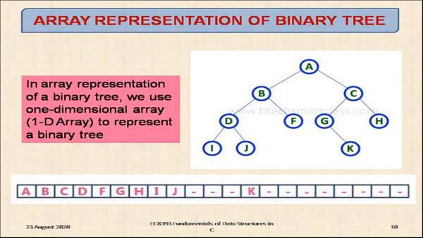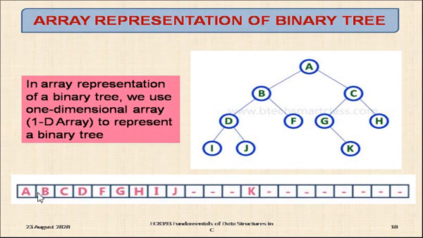Fine. Now let us look at how a binary tree is represented using an array, that too using a one-dimensional array. So this is a tree. Here we have various levels, level 0, 1, 2, and so on. How to store the elements of the tree in a single one-dimensional array?